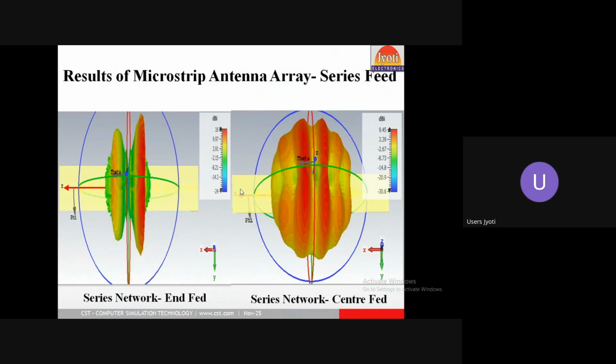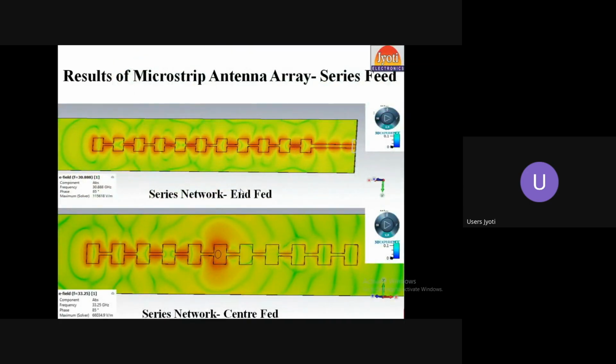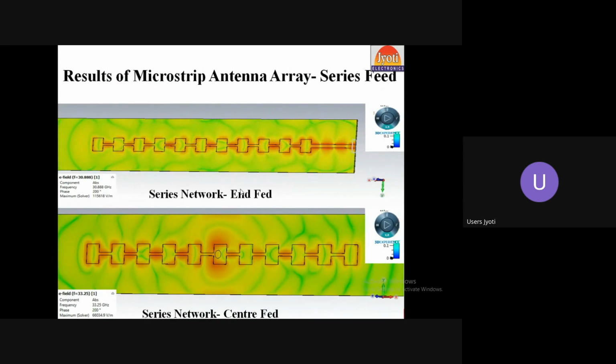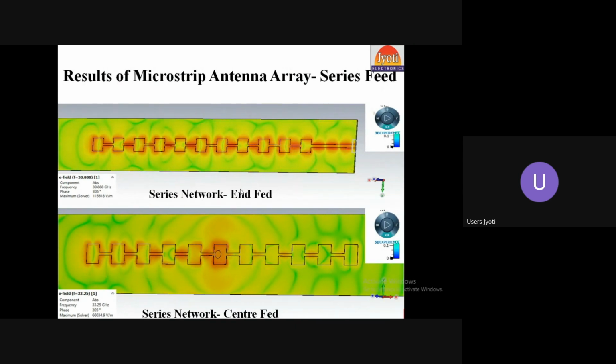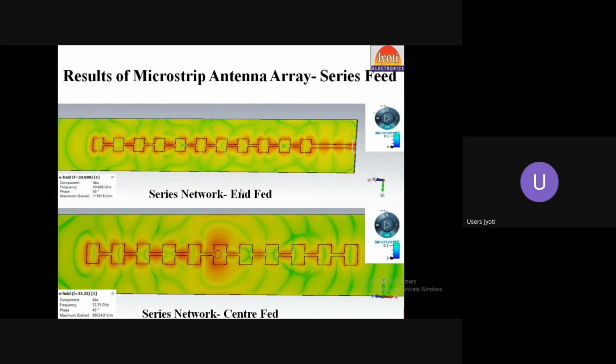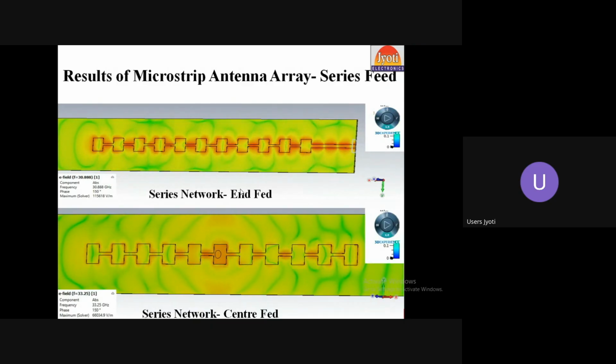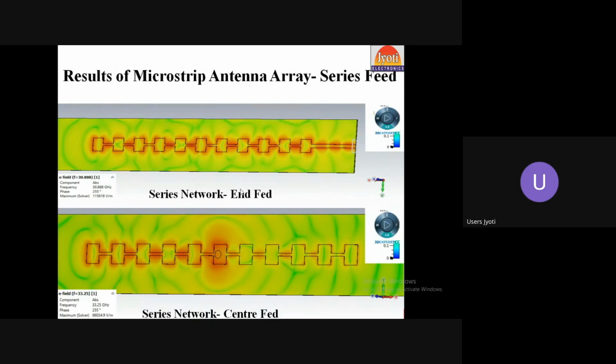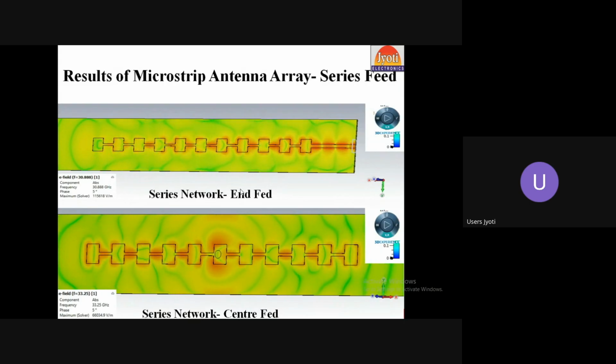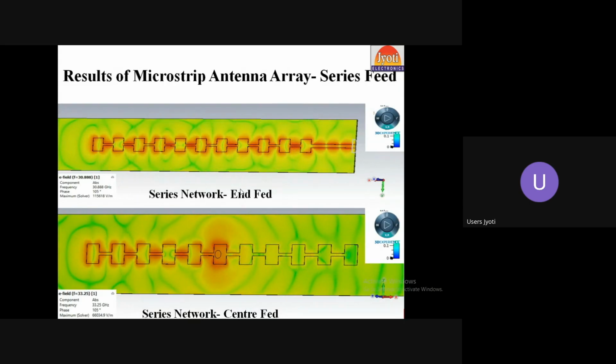So here are the far field patterns. In which direction you want to radiate, this is also useful for far field analysis. Here you can see the animation of the electric field and the magnetic field as well. And here is the electric field of the series and the center fed network. The center fed is generally used with the coaxial feeding network, and the series is generally used with the waveguide port.